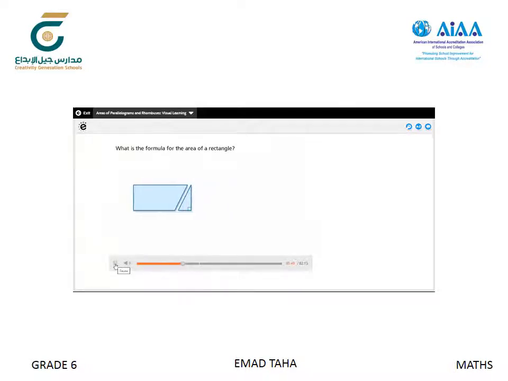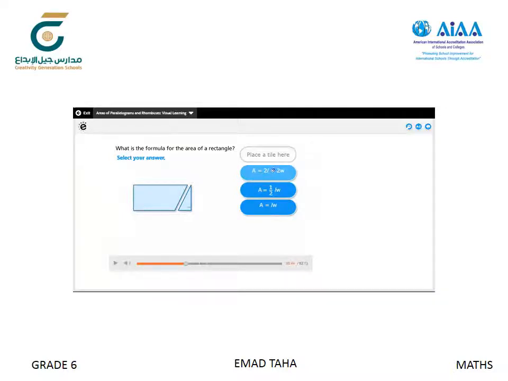What is the formula for the area of a rectangle? Select your answer. Okay, what is the area of a rectangle? Equal 2 lengths plus 2 widths. Let's try. No, that's wrong. So, what is this formula for?